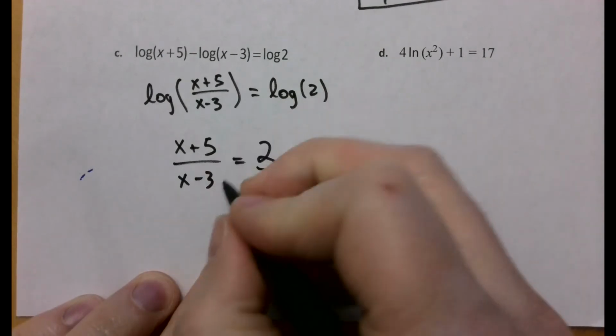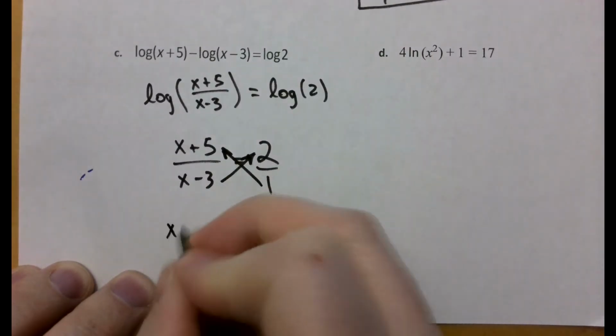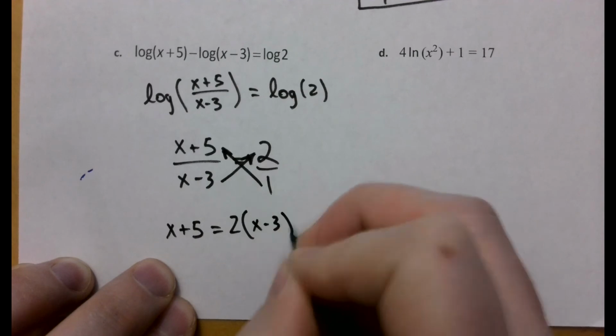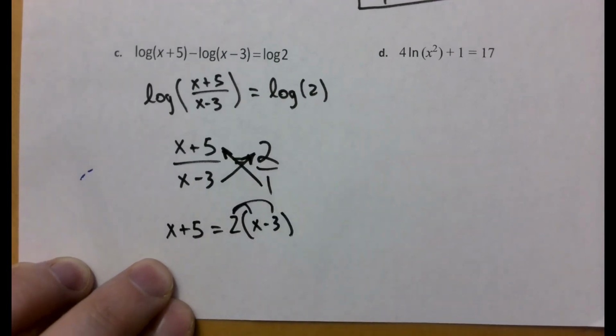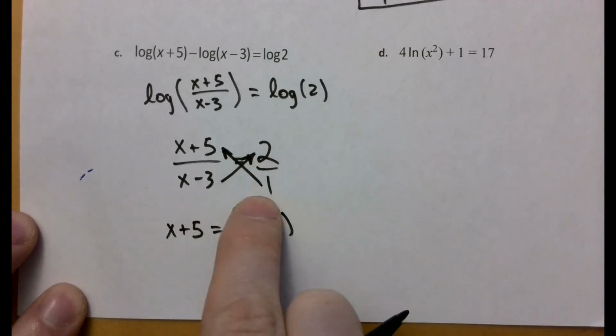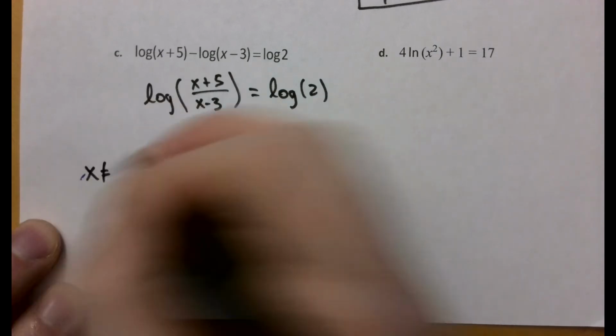We have a fraction equal to a fraction, so 1 times the left side equals x plus 5, 2 times the right side. I'll write this out to be careful. A common mistake is people forget to distribute. Make sure both things are times 2. Note this is a nice linear equation, but notice this equation allows x equals 3 to be a solution, where back here x cannot equal 3.